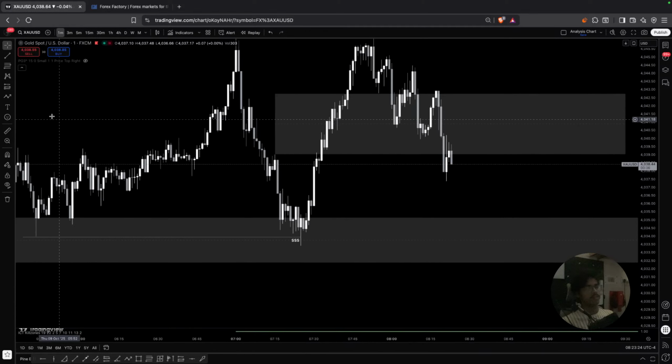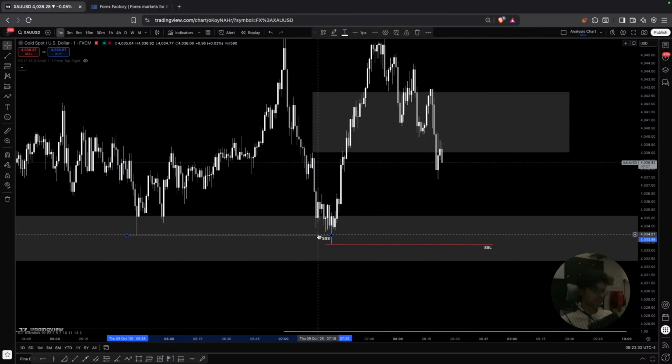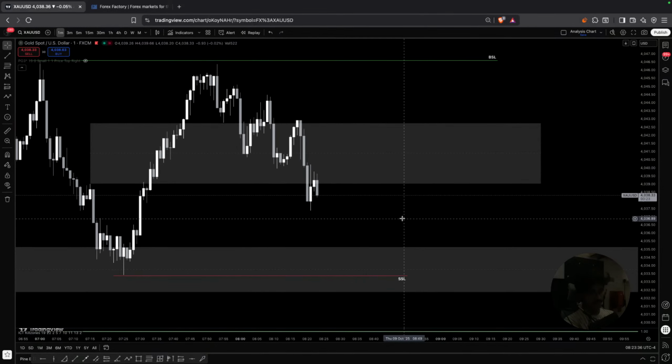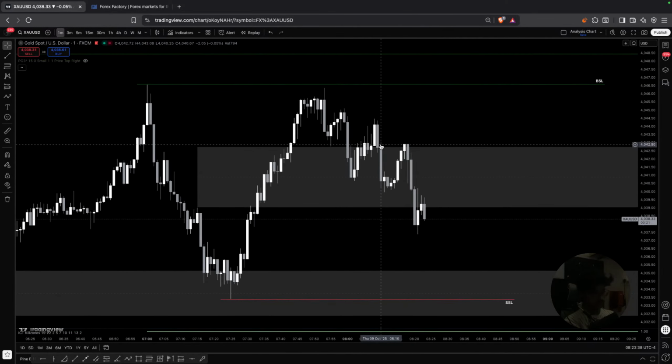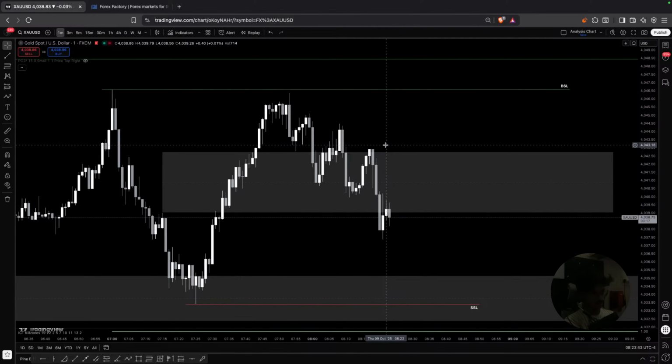Wait for this liquidity to be taken out, then we'll see. I think I should start adding more confidence to my trades. At this point there was an inversion in the FVG, but there was no market structure shift. Next time I will add more confidence.